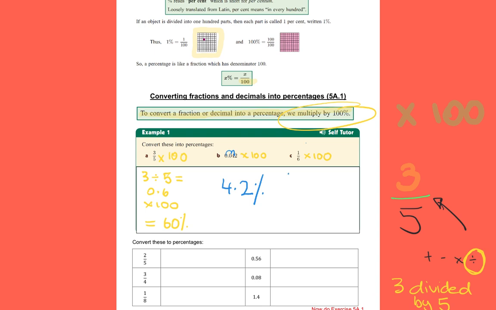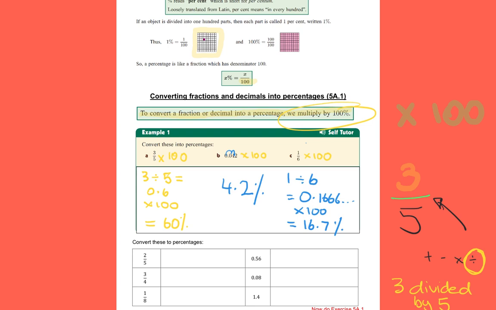We're going to need to do 1 divided by 6 to get a decimal. And you'll get a really funny decimal like this. And then we times that by 100. 16.7%.